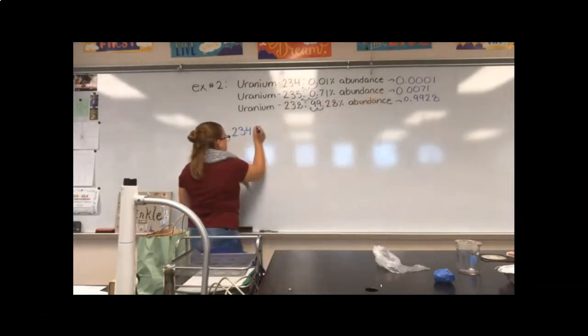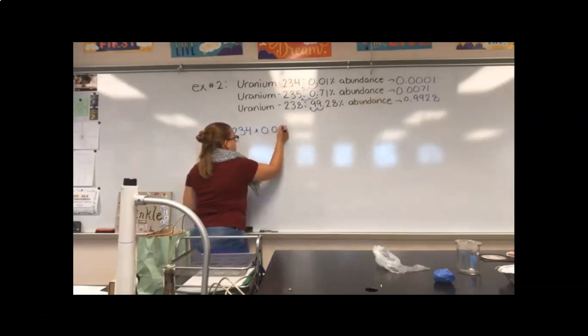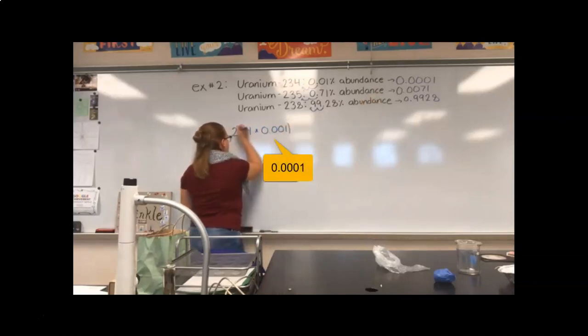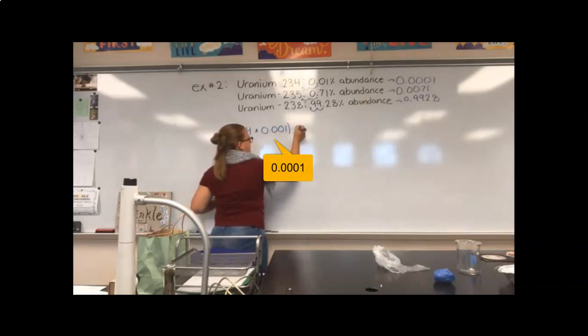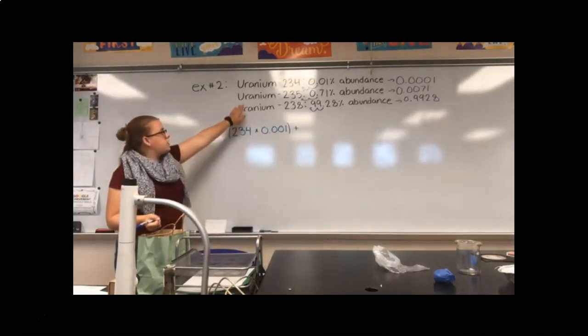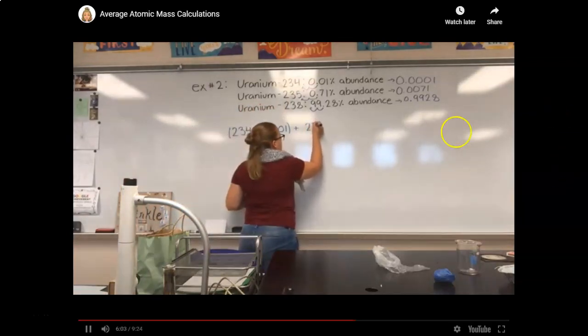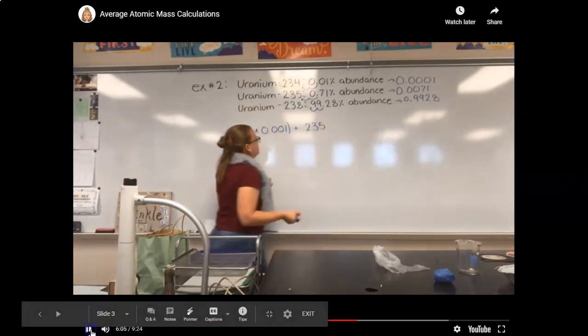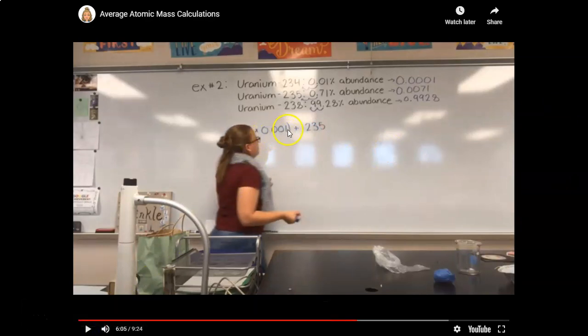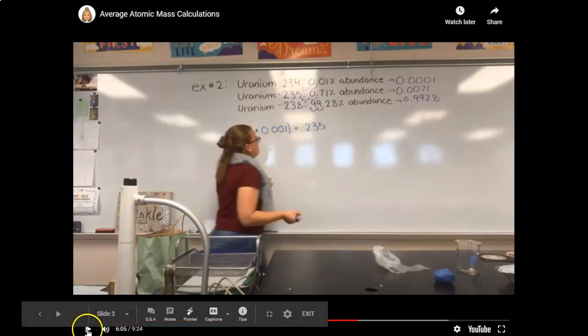Again, we got to add all of them together. Then we got uranium-235, so we take that atomic mass of 235. With the answer to this problem, I did make sure that the answer represents the 0.0001. That's just written wrong on the board.